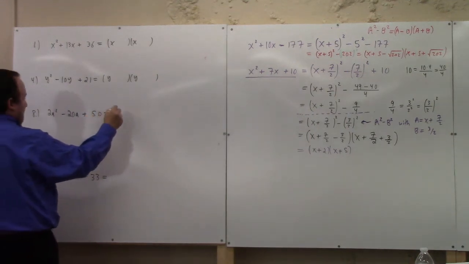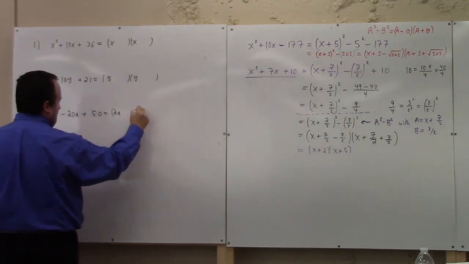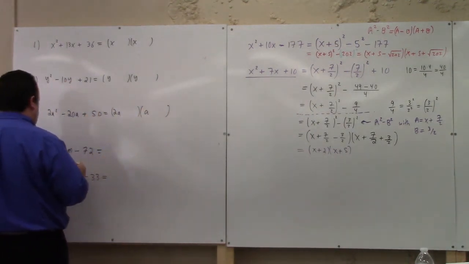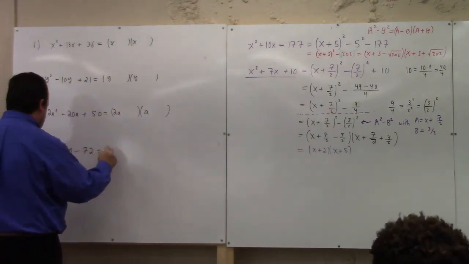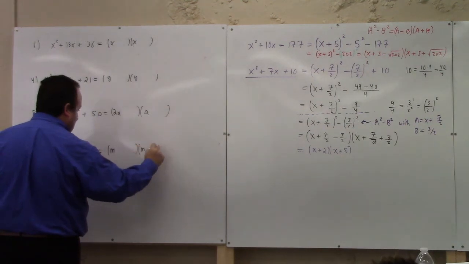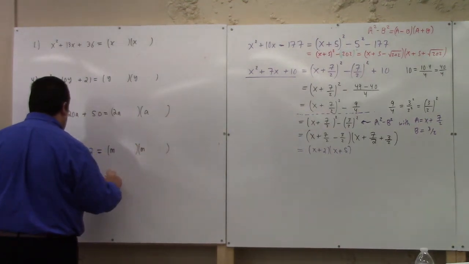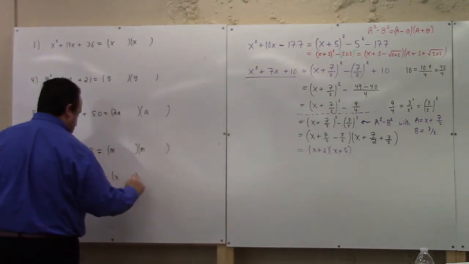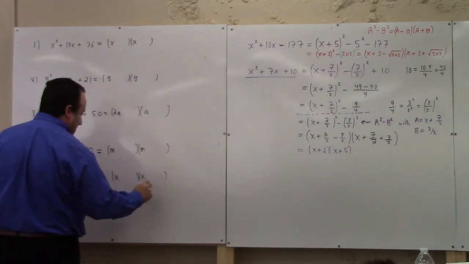This one I would try. No, this is guess and check factoring, which is the first thing we did. I only introduced completing the square after we got stuck on certain problems.